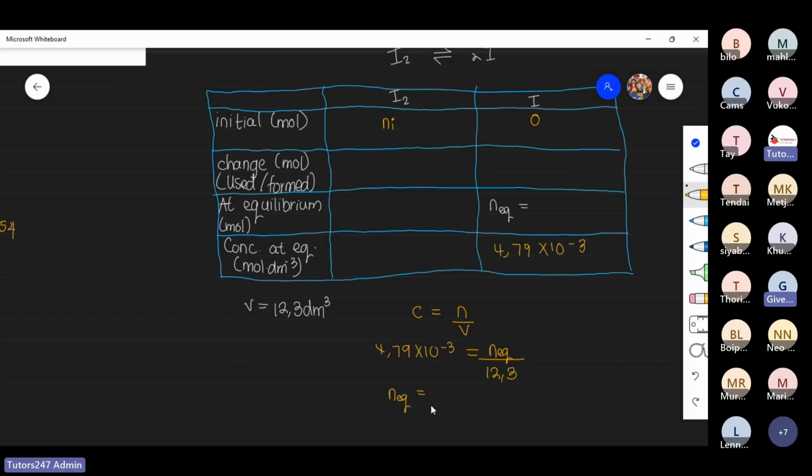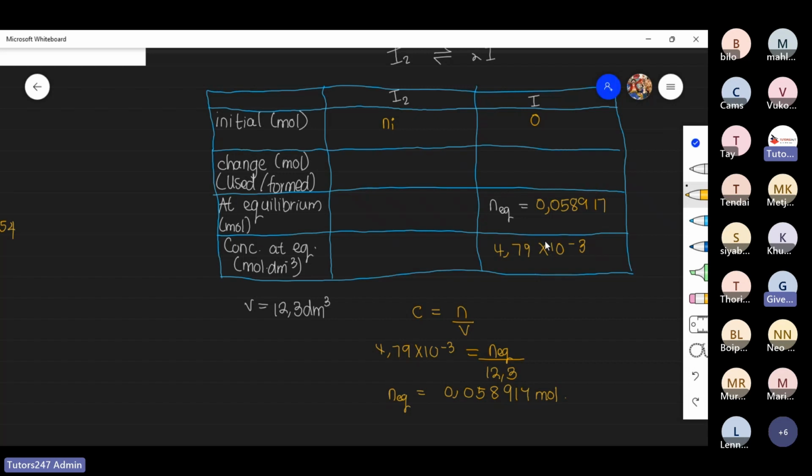Our number of moles at equilibrium is therefore going to be 4.79 times 10 to the power negative 3 times 12.3. And that then gives us 0.058917 moles.